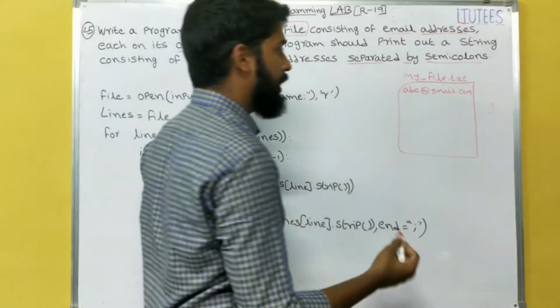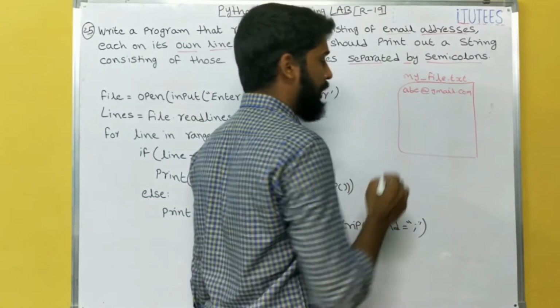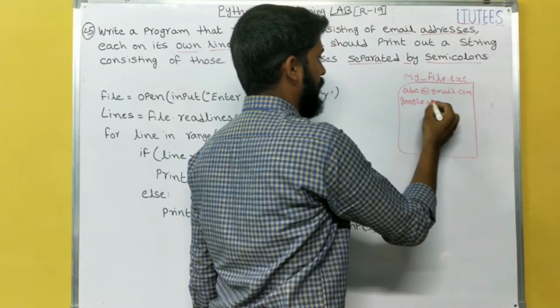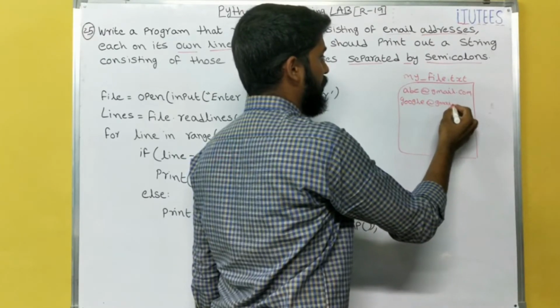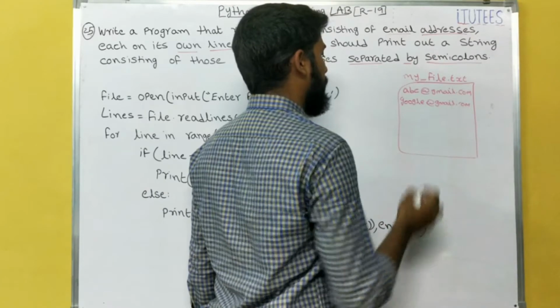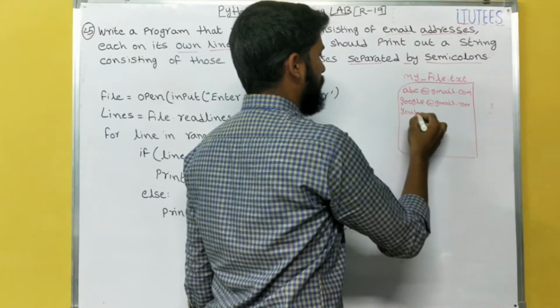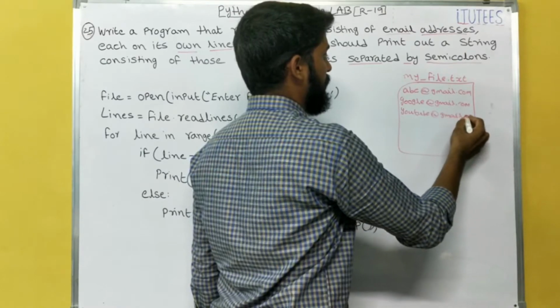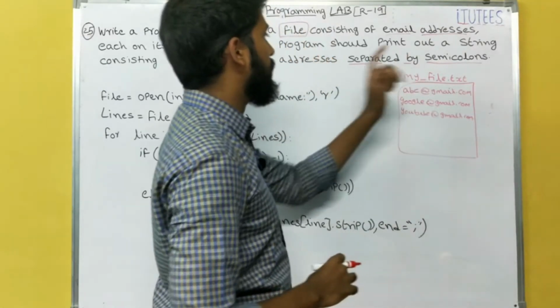That means the next email starts from the second line. For example, google@gmail.com, and youtube@gmail.com. Okay, so that is the first thing.